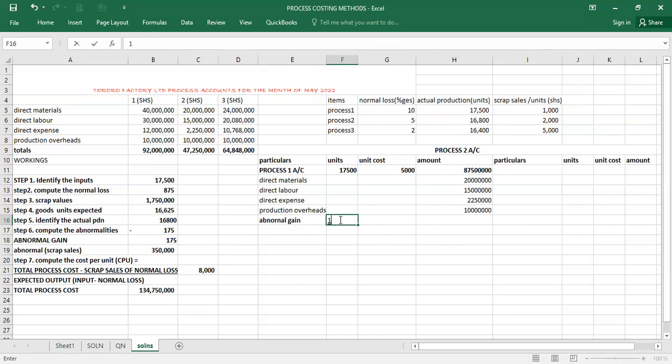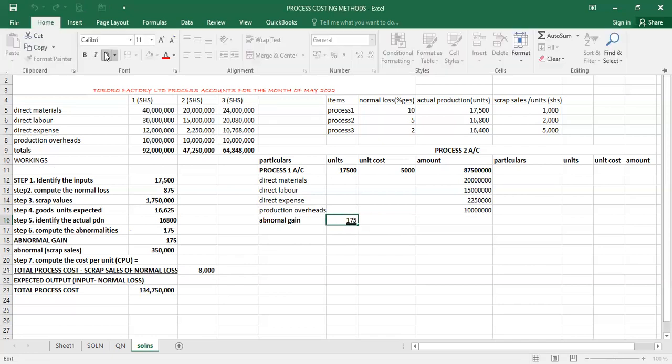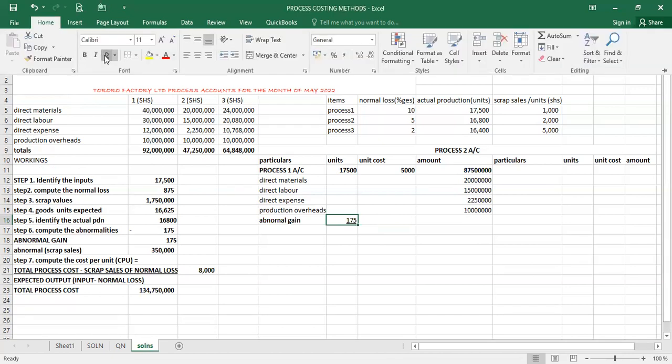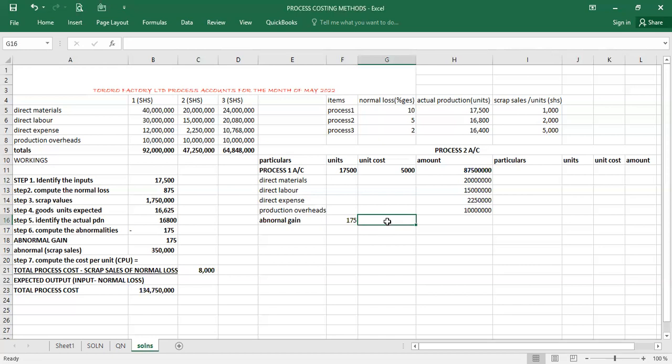And the units are 175, but the unit cost is supposed to be this. Sorry, this one is still having the other balancing figure, which we need to remove from there. Okay, it's done. This one we are valuing at 8,000.